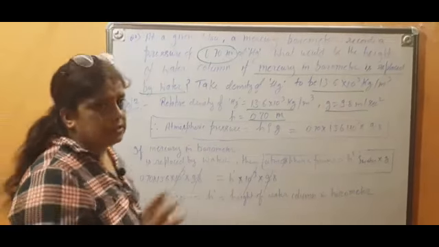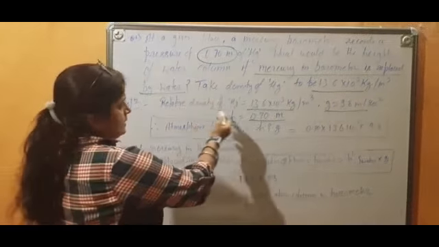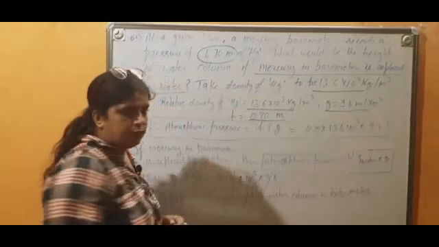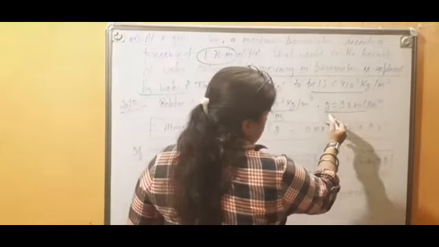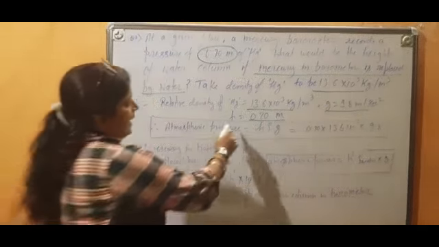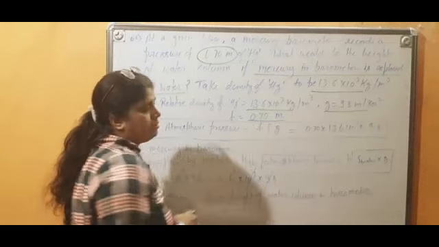So first of all we will see what is given. The density of mercury is 13.6 × 10^3 kg per meter cube. Acceleration due to gravity, small g, is 9.8 meter per second square. And height of mercury in barometer is 0.70 meter. What is our question?